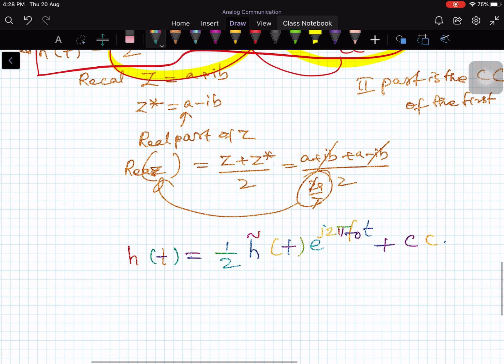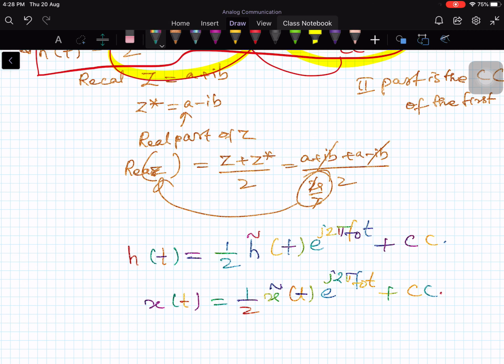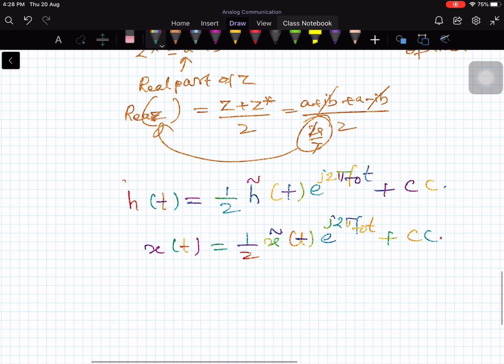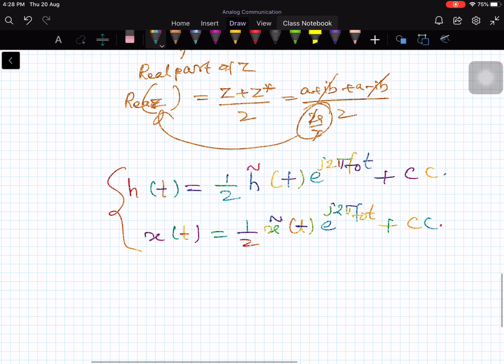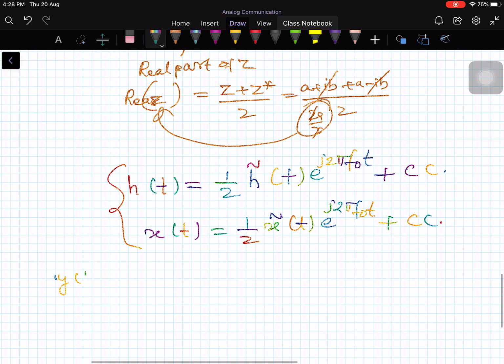Similarly, I can write for the bandpass signal also, it is 1 half x tilde of t e to the j2 pi f naught t plus complex conjugate. Now you substitute this h of t and x of t in your convolution integral. What is your y of t? y of t is the integral of h of lambda x of t minus lambda d lambda. Now substitute here.